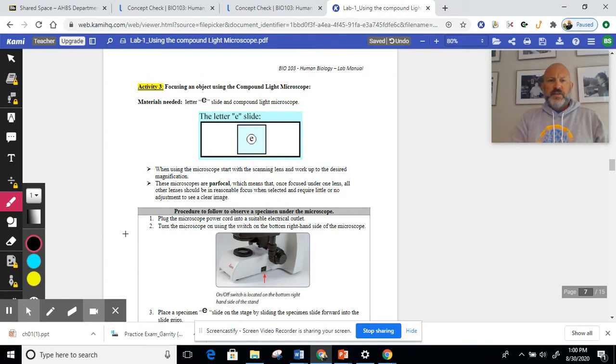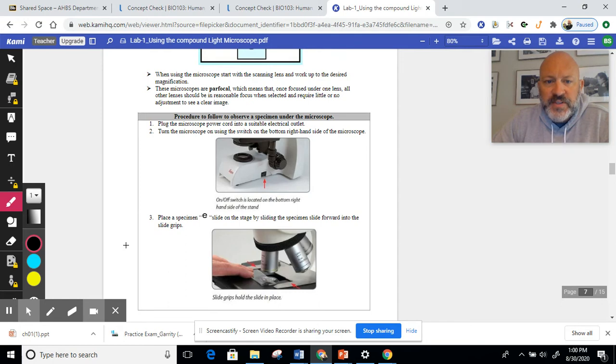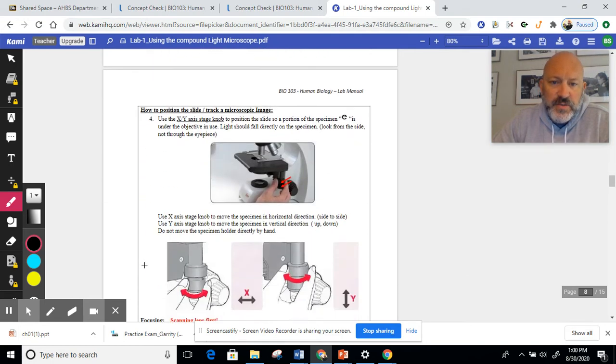All right, so in lab, you would be getting a slide, and on the slide, you would have a typed letter E, usually from a newspaper or something, and then you would be asked to put the slide on this stage and try to focus.